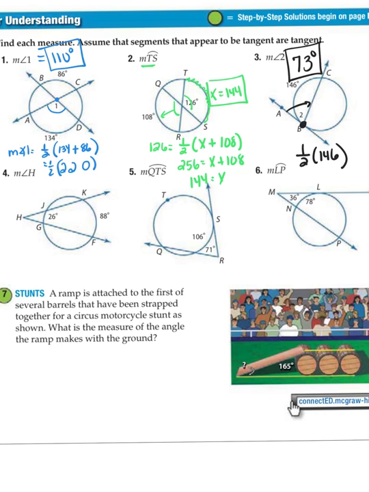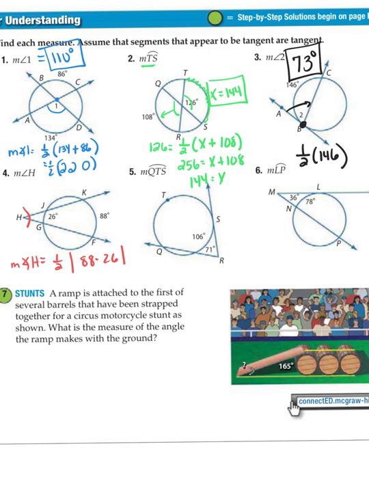Okay, let's look at number 4. This time we're finding that exterior angle again. We've got two secants extending to the same circle. So angle H is 1/2 the difference of the two arcs.